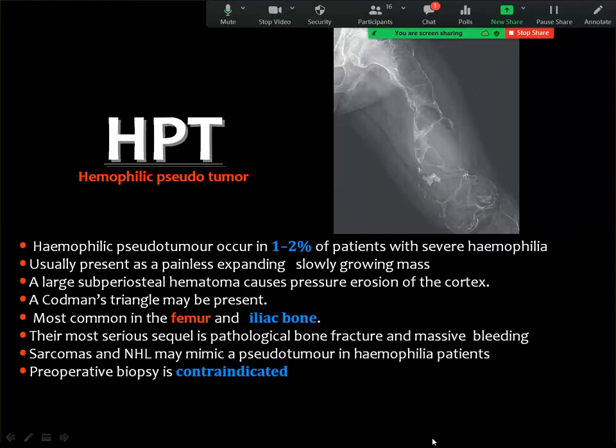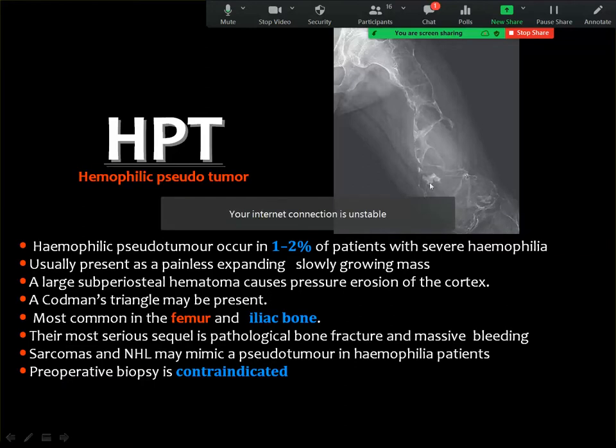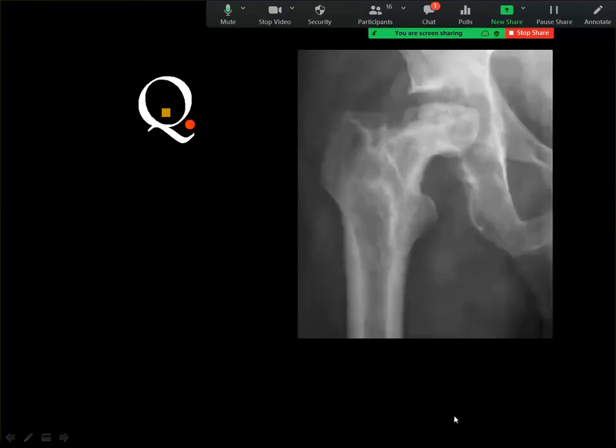They occur in an incidence of 1 to 2% in patients with hemophilia, and according to the literature, it is usually contraindicated to take a biopsy from this lesion because of the possibility of bleeding, of course. But whenever you know from the history that the patient is hemophilic, then you can easily interpret this as a hemophilic pseudotumor. Next case.